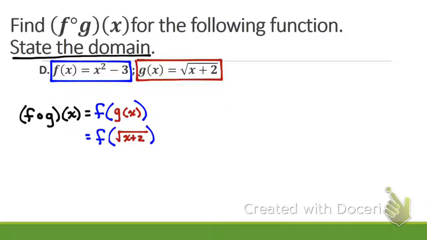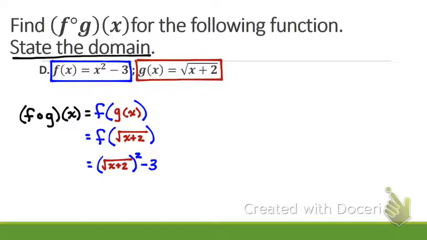So I'm going to take that and I'm going to put it in anywhere I see an x in my function f. So it starts with an x, so I immediately do my substitution. And that x is squared, and then it's -3, right? Is everything inside those parentheses underneath the square root?